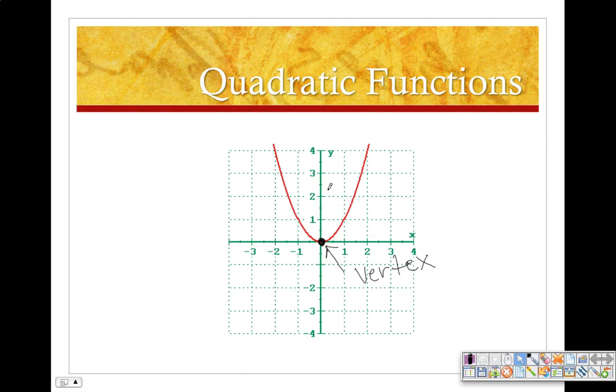Do you know where it would fold in half? Right down this line, right? You can fold both sides together. This line right here, right in the middle of the parabola, is your axis of symmetry. These things are symmetrical, okay?